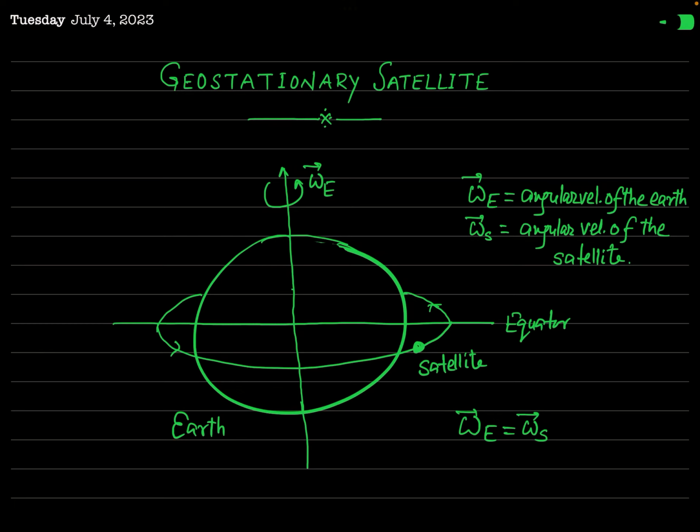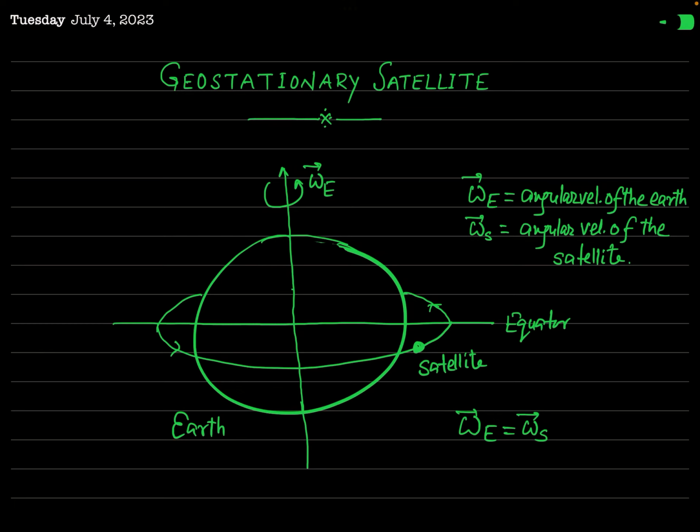In this lecture, you will learn what this geostationary satellite is, where it should be, how it should be rotating about the earth, and what its height from the surface of the earth should be, or in other words, what the radius of the orbit should be.